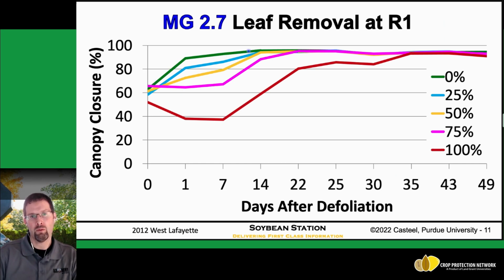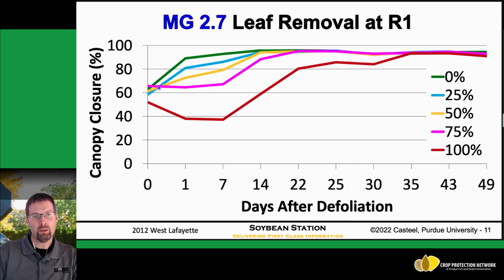And then by the time 14 days later, we'd reached 95% canopy. That 25% leaf defoliation did set us back, but not a large amount. So we're talking about, okay, instead of the 90% or so, we're about 80%. And then by 2 weeks, we've recovered back to the same level of the control. In other words, the beans that did not have any defoliation.